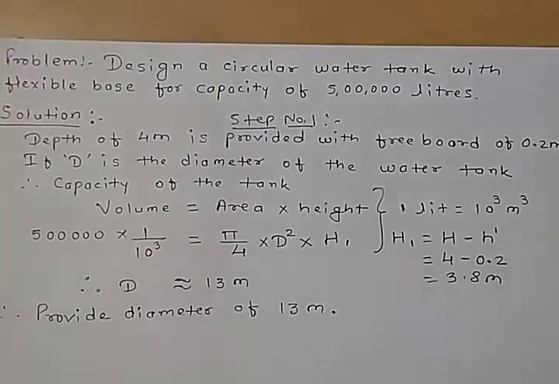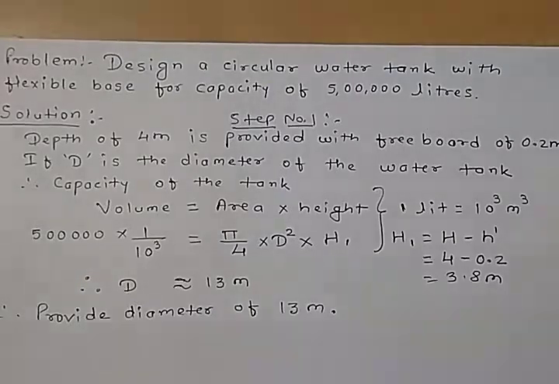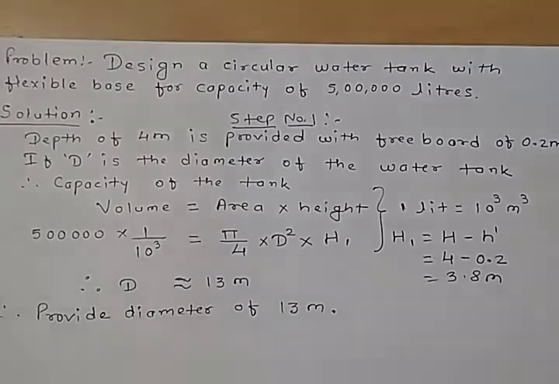You need to understand that 1 liter equals 10 raised to the power minus 3 meter cube, and accordingly to convert into meter cube, you need to divide by 10 raised to the power 3. So here we got a diameter of 13 meter.